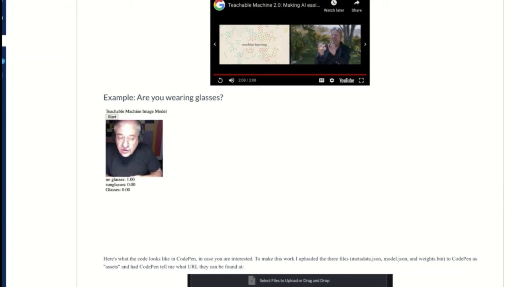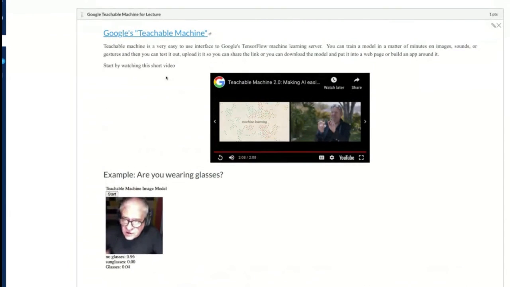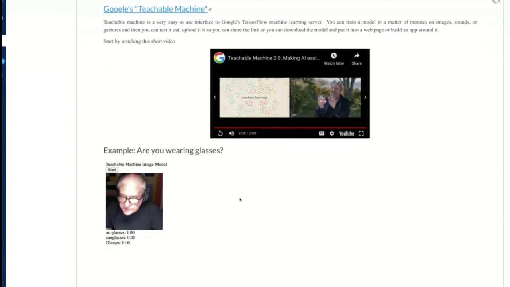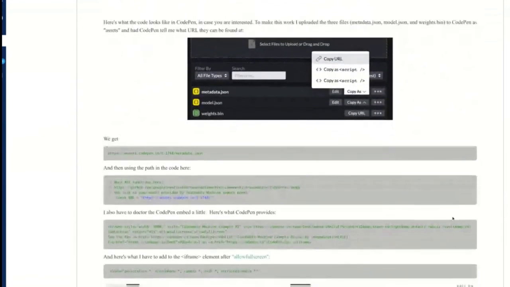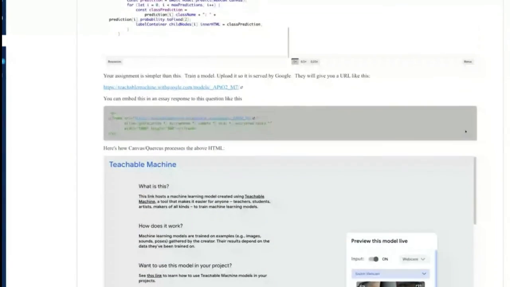Okay, now you can use the same network. If you go to this page on our Quirkus site, this model works for you as well. So try it out with your glasses on, glasses off, and things like that. And then the rest of this page describes how one would use this in a CodePen if you're doing it yourself.